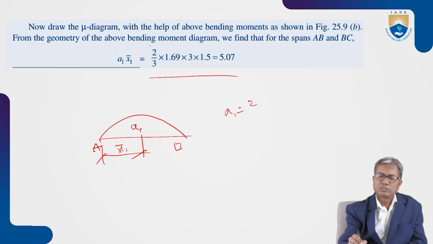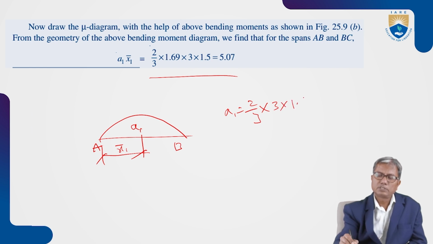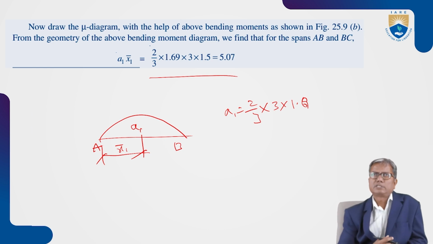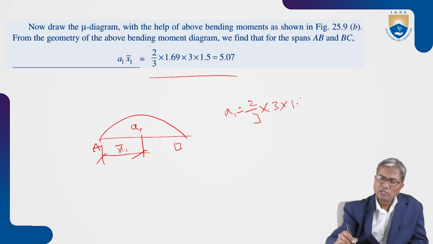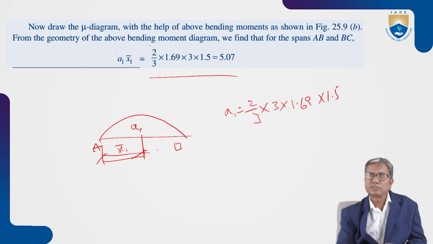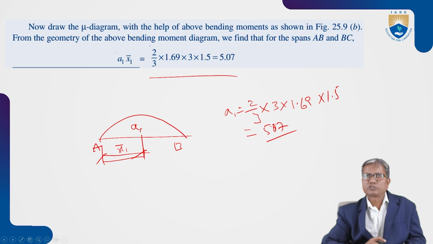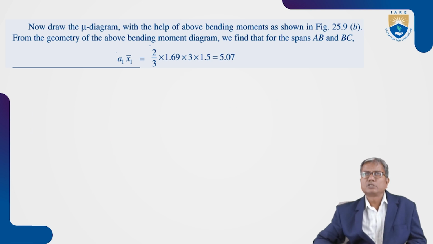A1 is 2/3 of base times height, and height is 1.69. And how about x1 bar? Half of span, 1.5. That means this x1 bar is 1.5. So A1 x1 bar comes out to be 5.07. And how about A2 x2 bar?